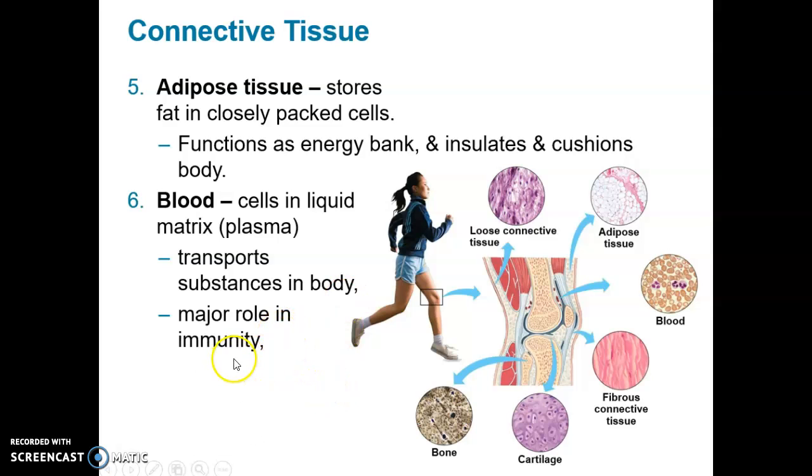And it has a major role in immunity because of the white blood cells that it transports throughout the body, and in particular to sites of injury or infection due to things like cuts. And unique to the matrix of blood, it has proteins that are dissolved in the matrix of the blood, but they will form clots whenever a blood vessel breaks. So the blood clotting cascade helps blood vessels heal themselves.